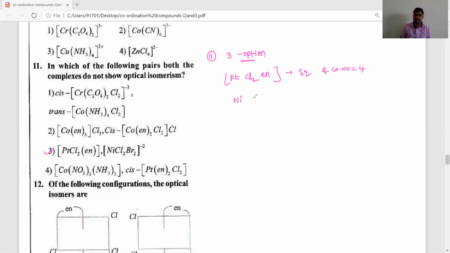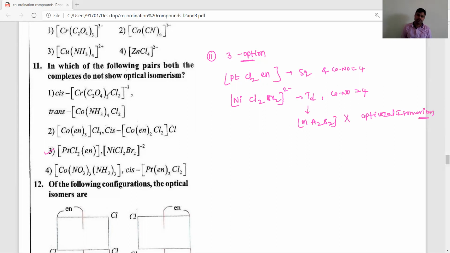And [NiCl2Br2]2-, it is a tetrahedral complex with coordination number 4, of the Ma2B2 type. It does not show optical isomerism. So the third option is correct.